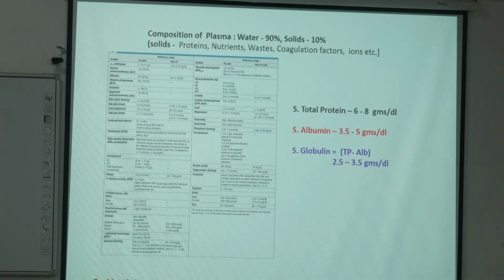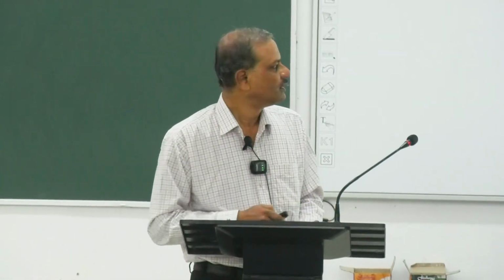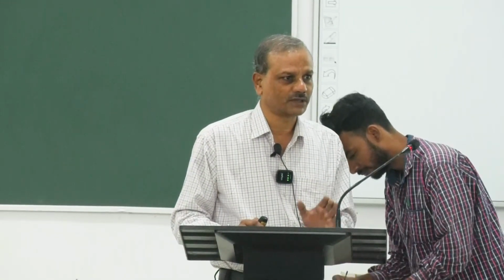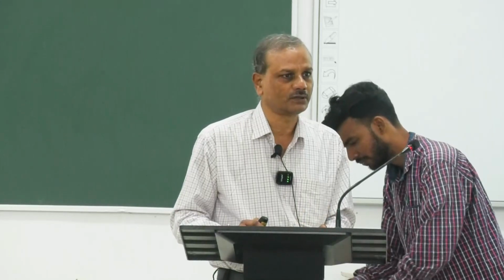Remember, there are many things which you have to remember in today's class. You can't imagine how many substances are present in the plasma, but all are present and most of the things are measured. So, today our class is on plasma proteins. I will cover as much as possible today, the rest I will cover tomorrow.